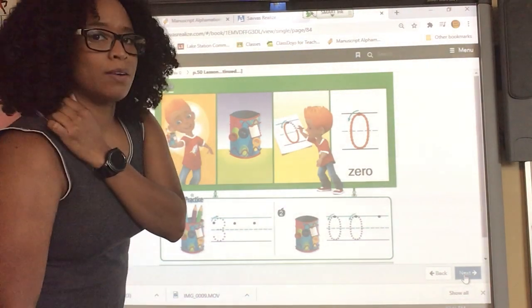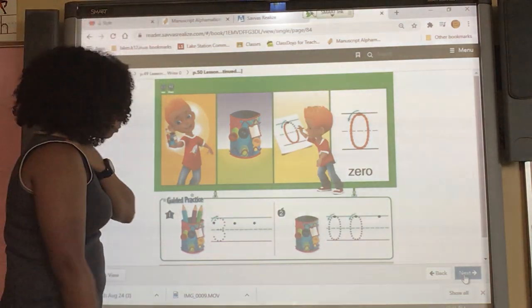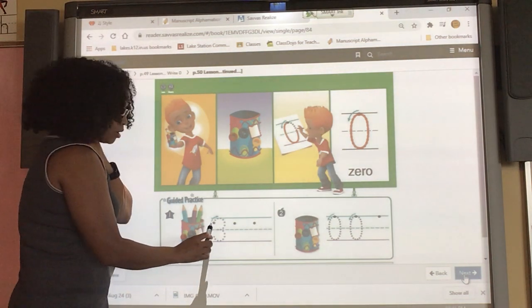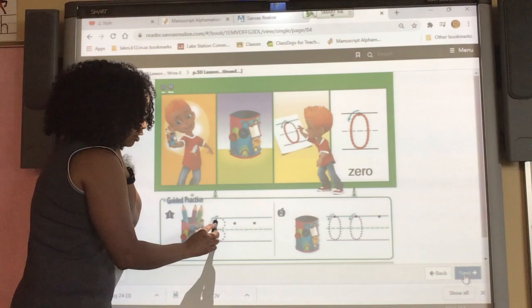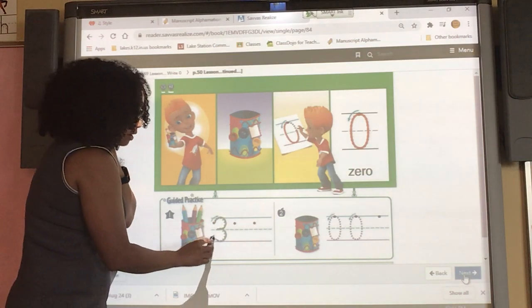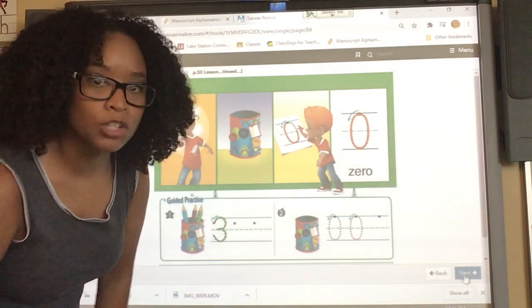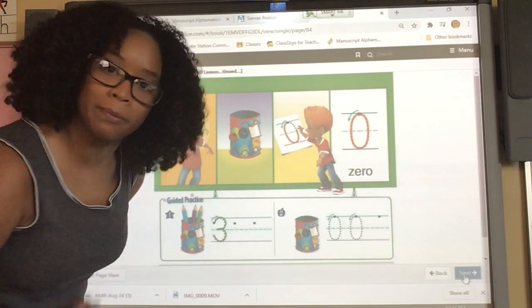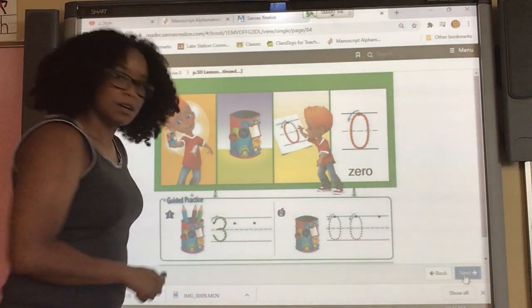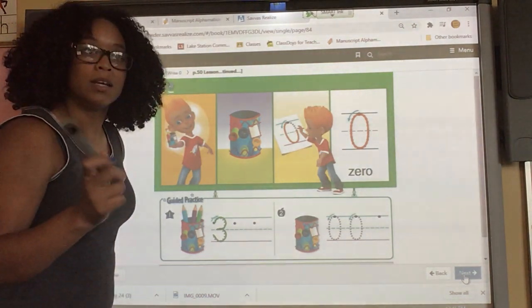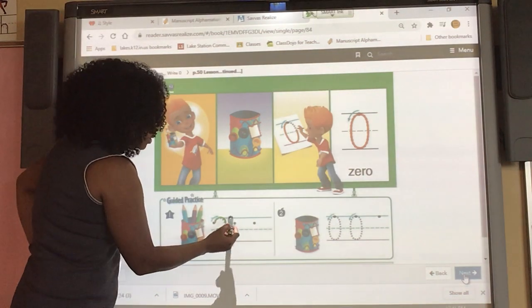So do you remember how to write your number 3? You start a little bit below the top line and you curve around and around. So go ahead in your journal and practice your number 3s with me. All right, we're gonna write another number 3. Here's the top line.